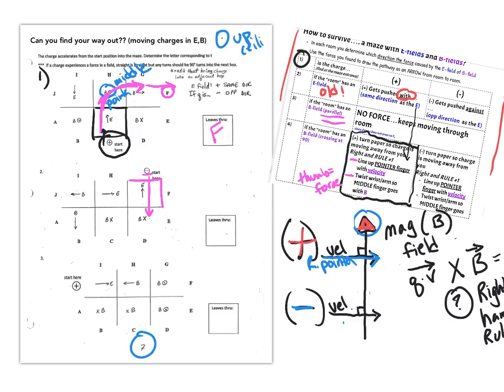And you're going to realize that in room number 2, we finished room number 1, check. We went against the E field. We used this rule over here. We now have a B field pointing into the page. The symbol X, or an X with a circle, means into the page. So you're going to have to rotate your magnet finger, your middle finger, so that it's pointing into the page.